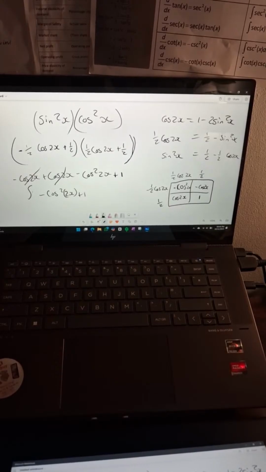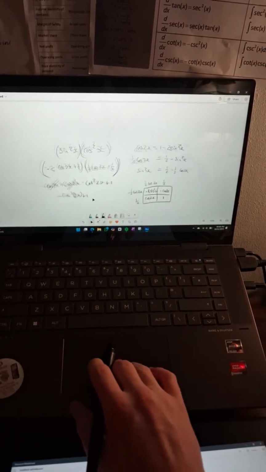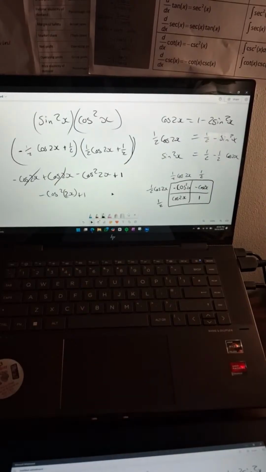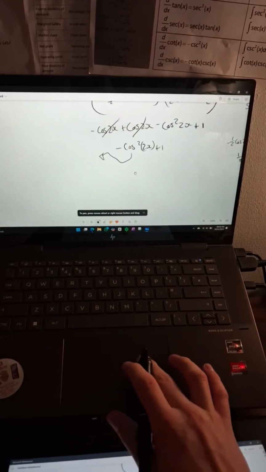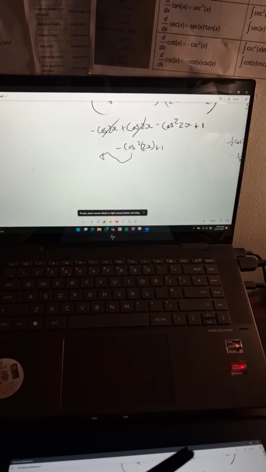And let's integrate that. Oh, actually, we can't integrate that yet. We've got a squared. Let's get rid of that. So cos squared 2x, we can change this back into another thing. That will become minus cos squared. Let's just forget about 2x, let's keep that in the bracket. Pretend it's just an x equals minus half.